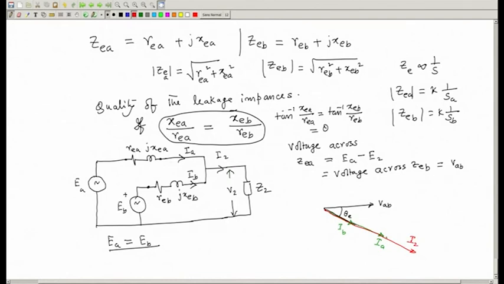What is the kVA supplied by this transformer? It is V2 into IA. Here I write: kVA to load is equal to V2 into I2.